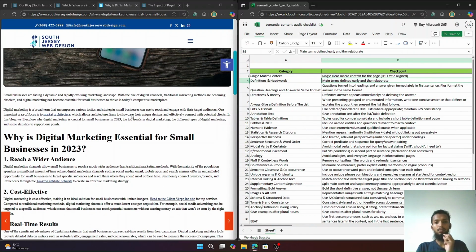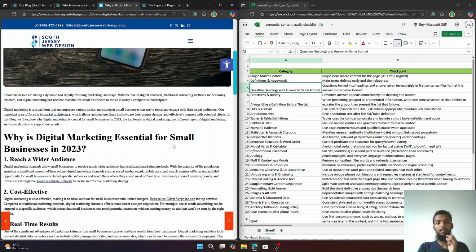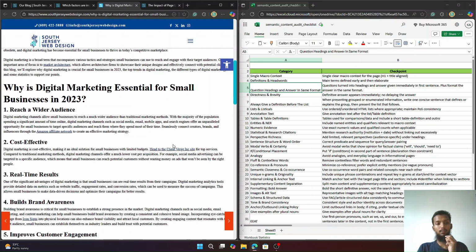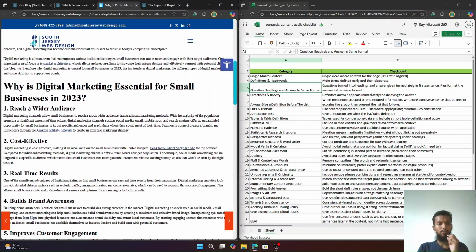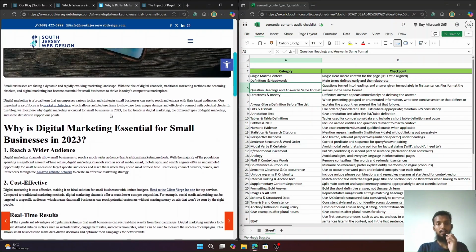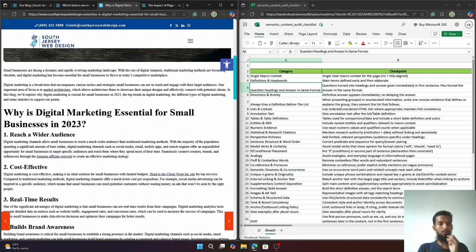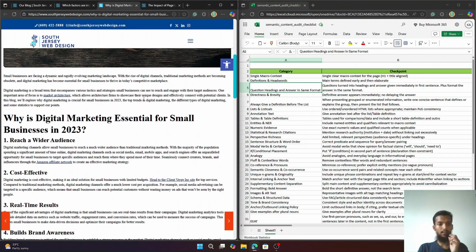So the next one is question headings and answer in the same format. The headings should be in question format, not the listicles, but the main headings like why, how, what, this kind of headings. So they did the first one, like why digital marketing is essential for small businesses in 2023. What they could do is "what are the benefits of digital marketing for small businesses in 2023."